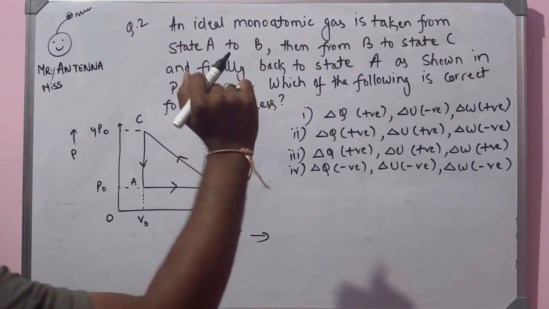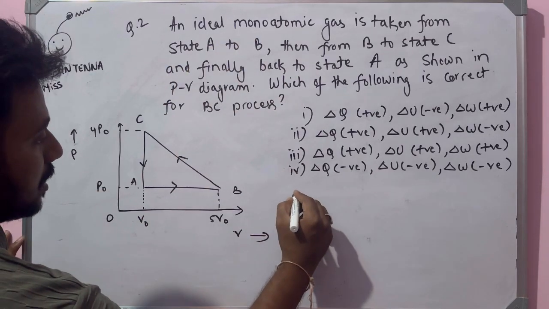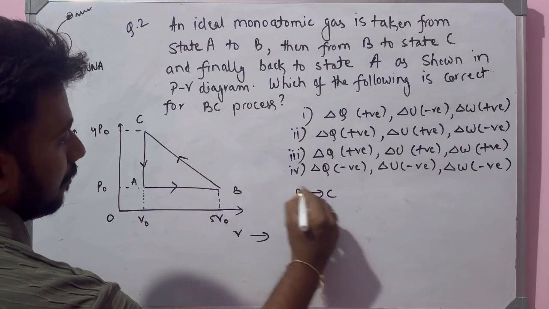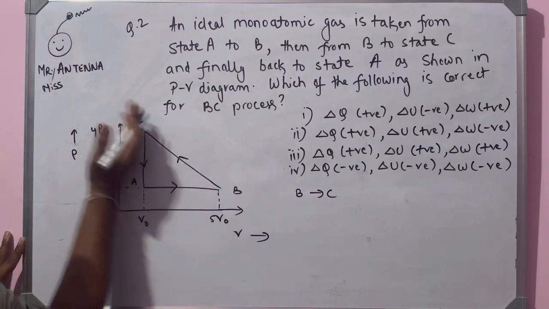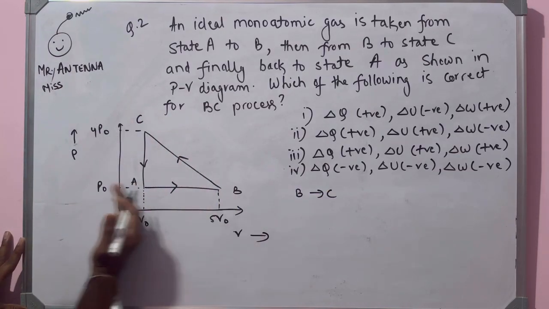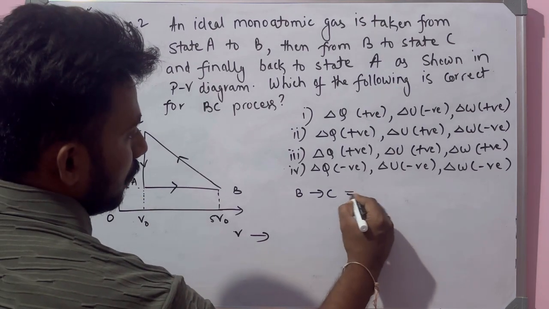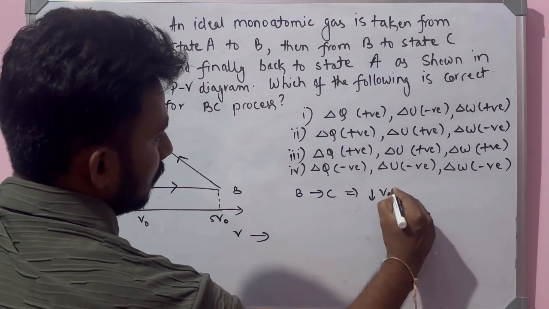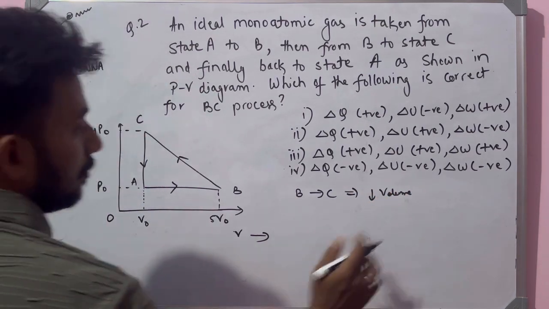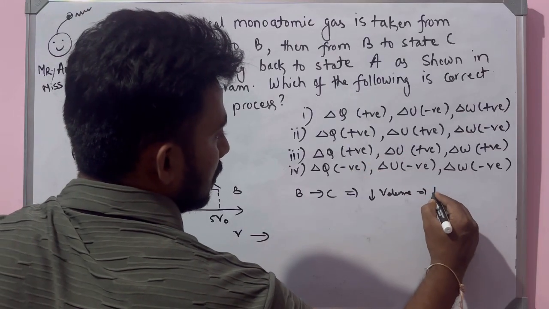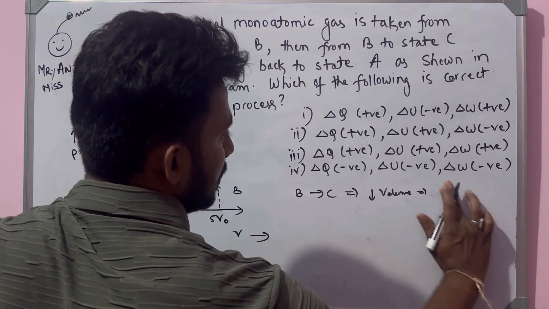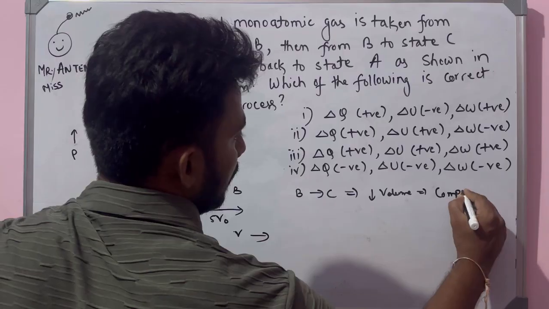If you see work done, they are talking from B to C. If you go from B to C, there is a decrease in the volume. If there is a decrease in the volume, we know that it's a case of compression. The gas is being compressed.